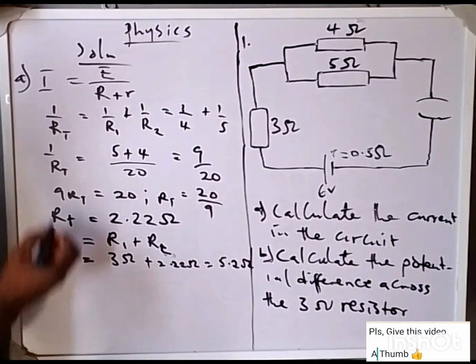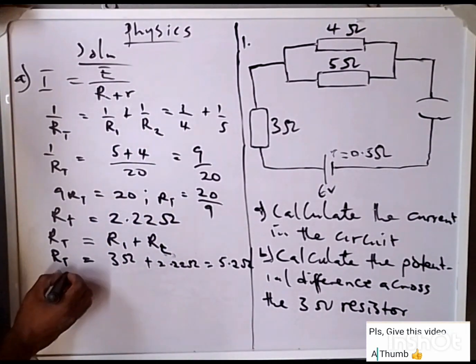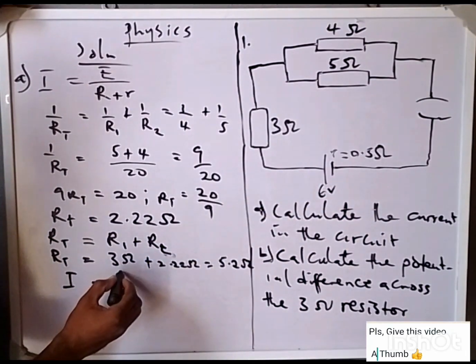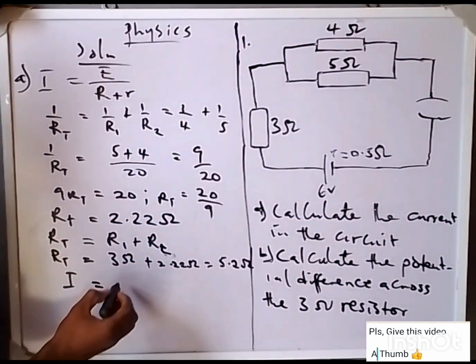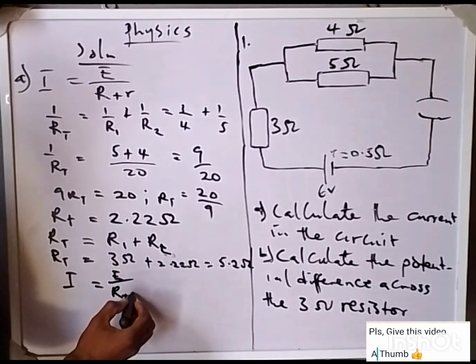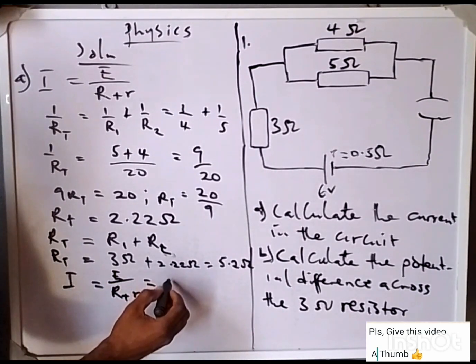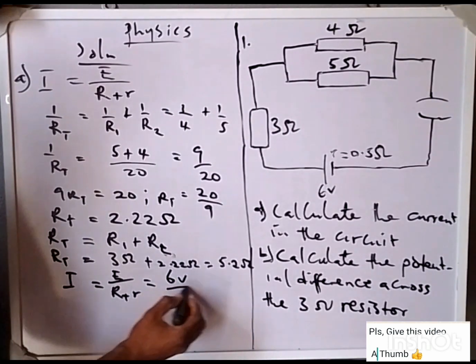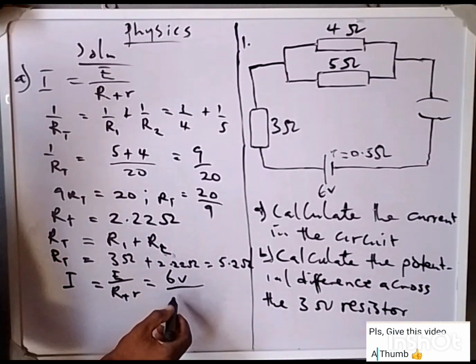So we can now substitute into the formula. So we have I is equal to E. What is E? E is 6 volts. Let me just write the formula again. E over R plus r, which is, our E is 6 volts divided by R. R is what?